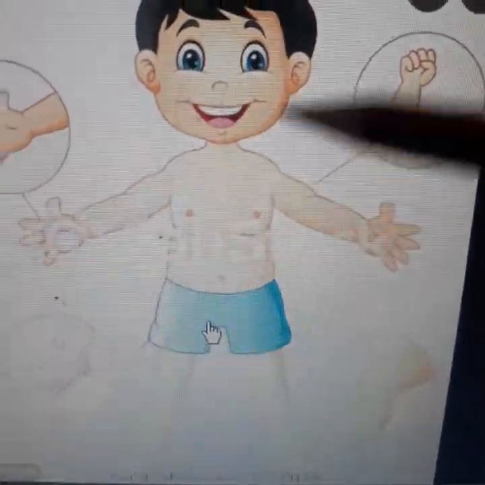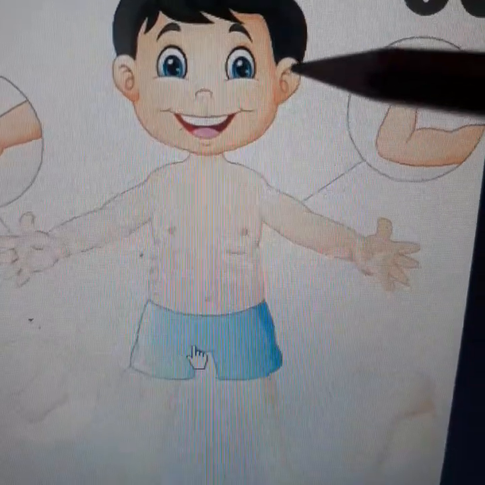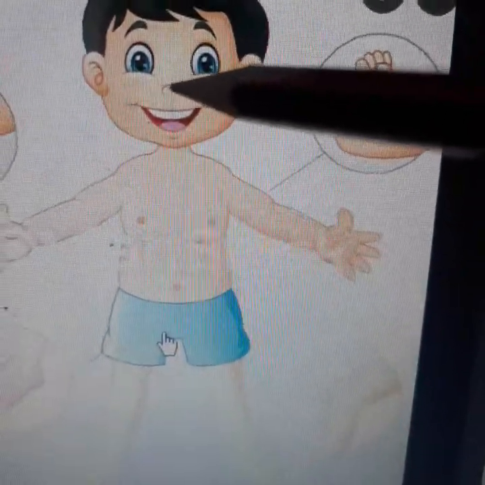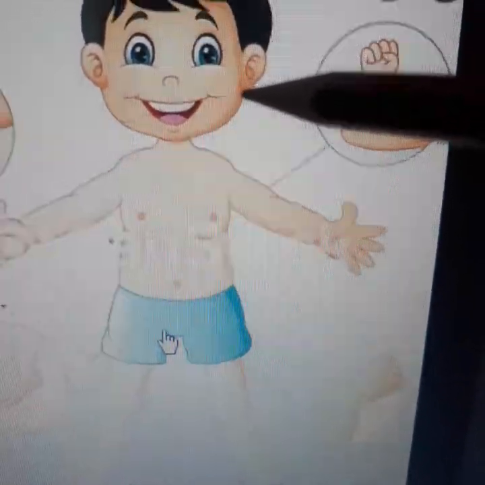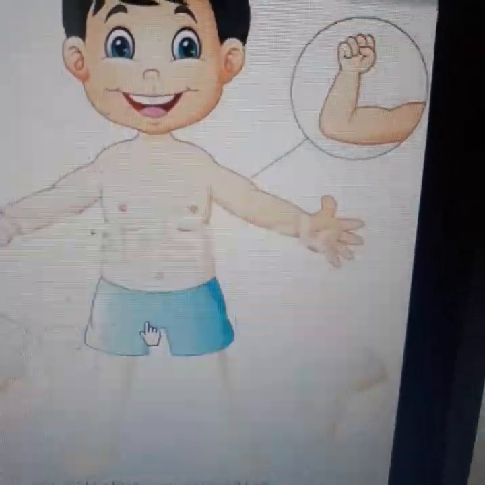All the body parts have a specific function. For example, you use eyes to see. You smell with your nose. Can you see with ears? No, you cannot see with ears because only eyes can do that.